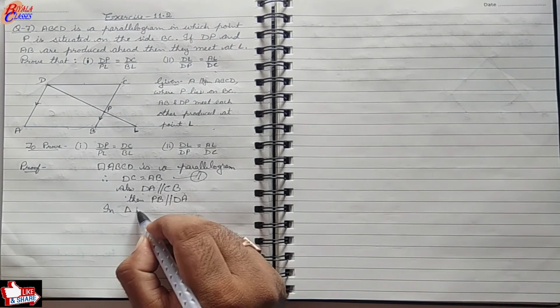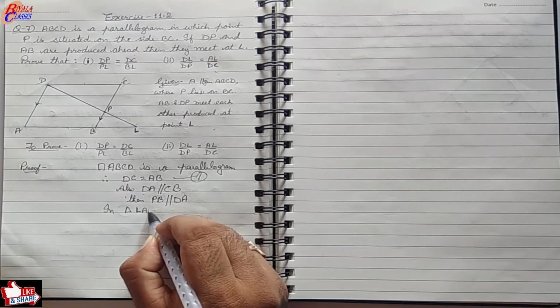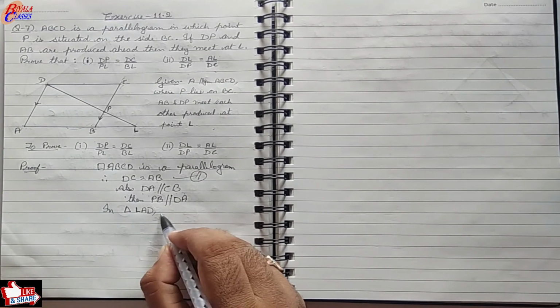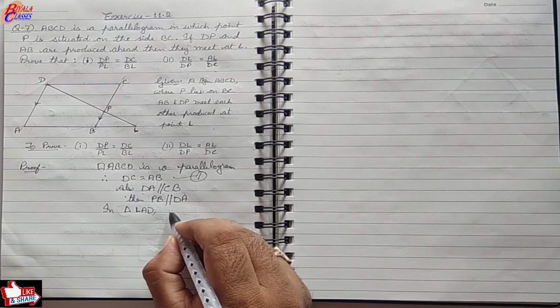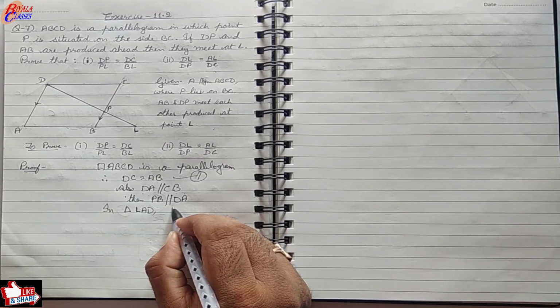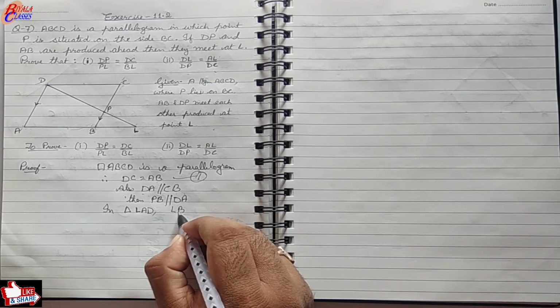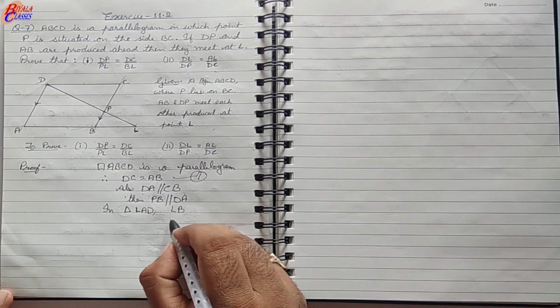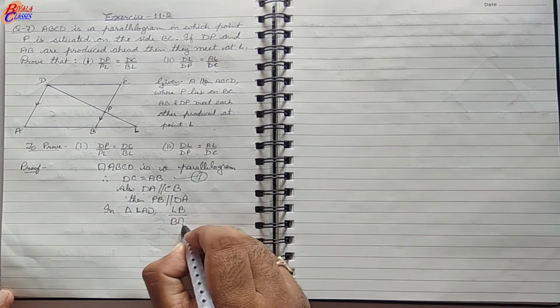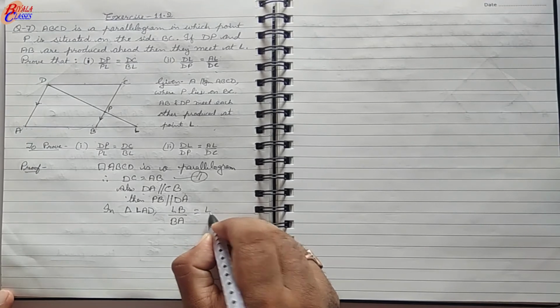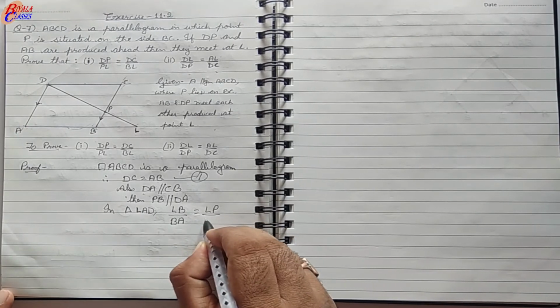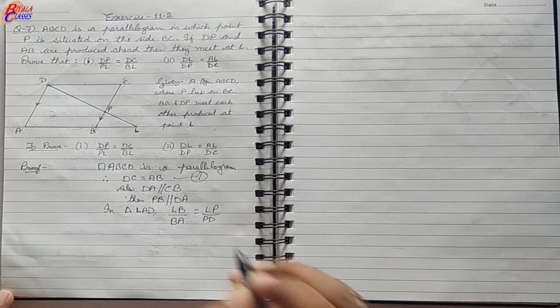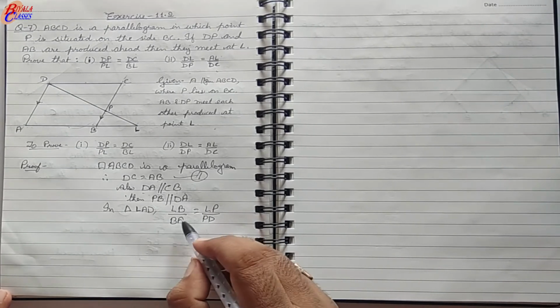Now taking this, in triangle LAD, using the basic proportionality theorem, you get LB upon BA is equal to LP upon PD. So this is there.